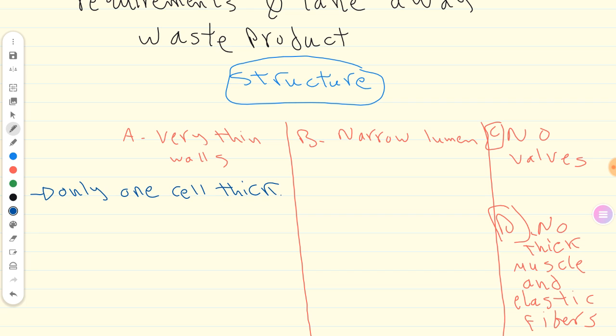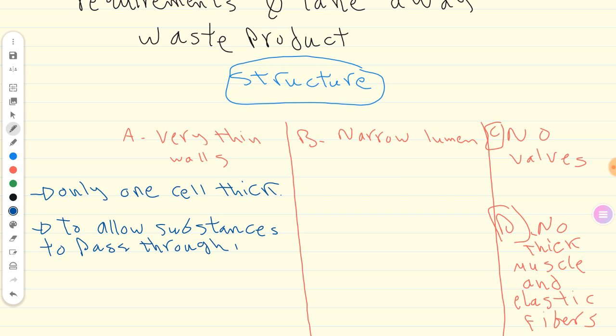So capillaries are only one cell thick, so they have very thin walls to allow substances to pass through them easily and fast.